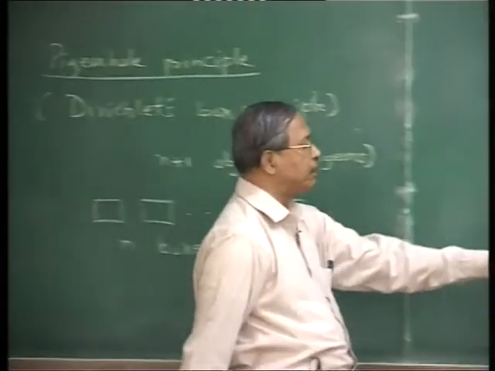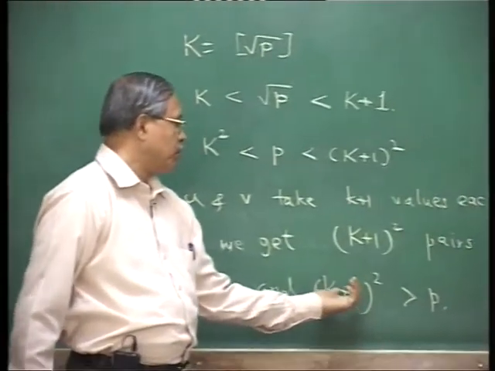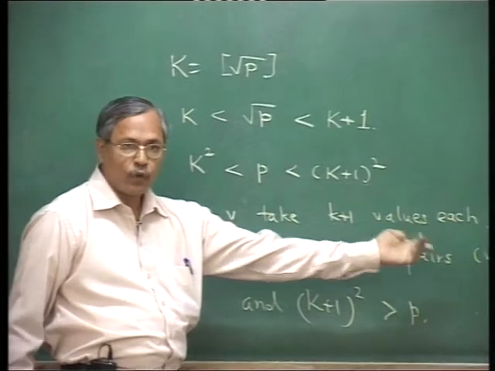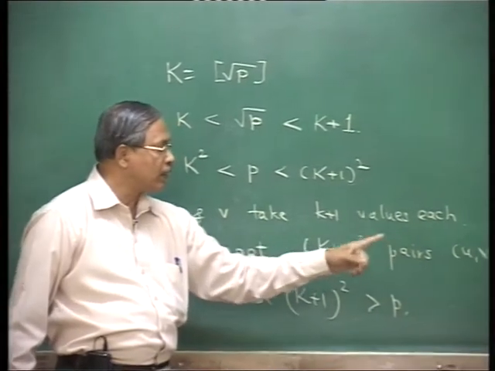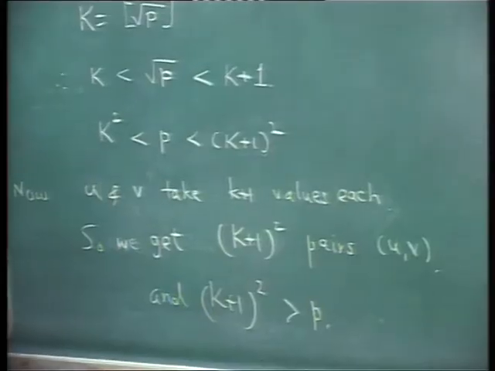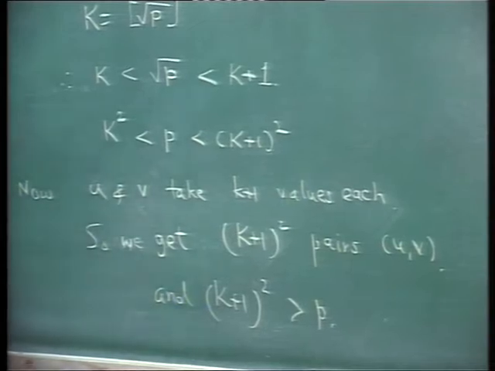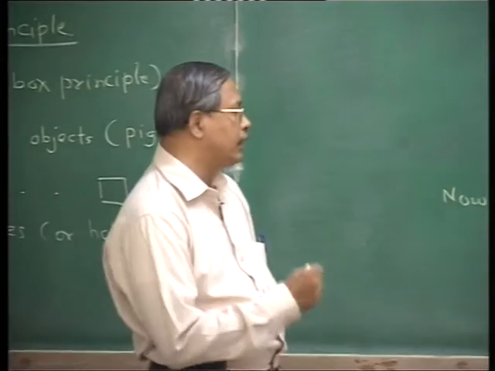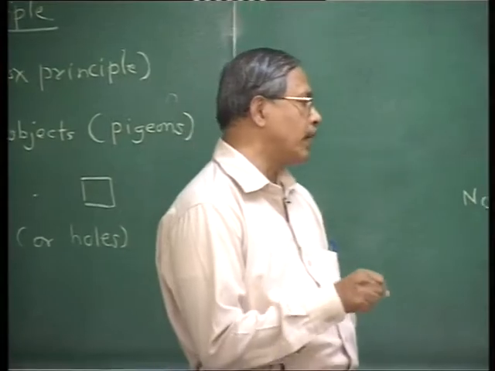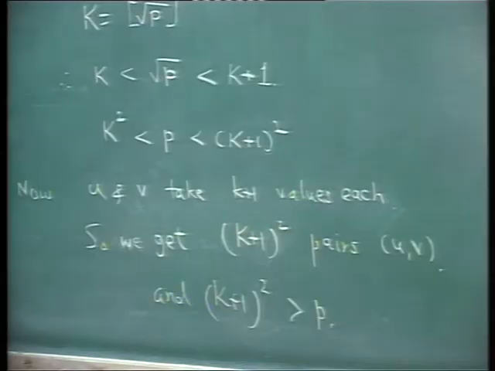So, we have (k+1)^2 possibilities for these pairs. Each pair (u,v) gives rise to a value f(u,v) = u + xv, so corresponding to every pair (u,v) we have an integer f(u,v).